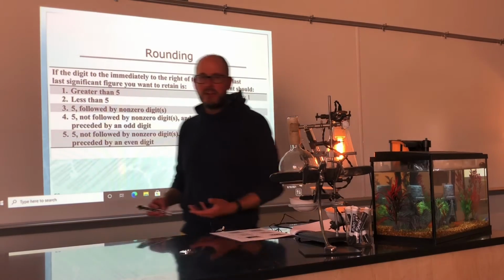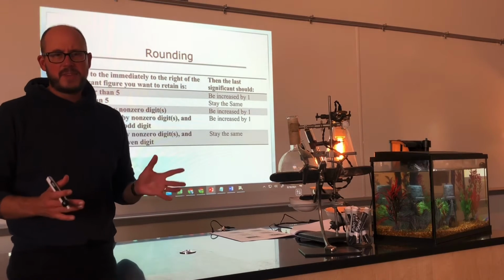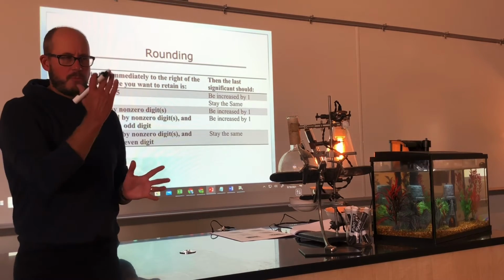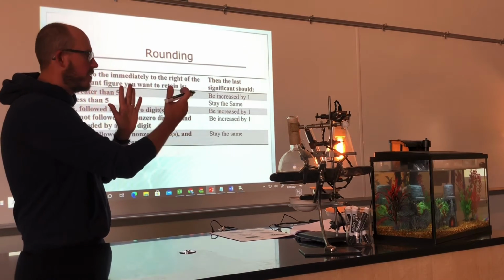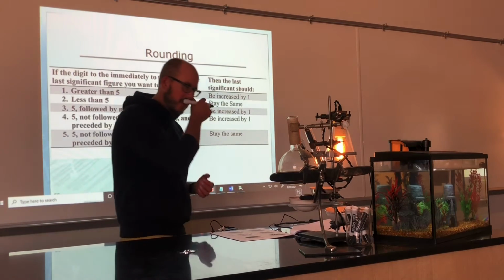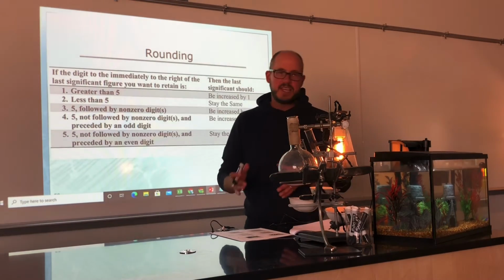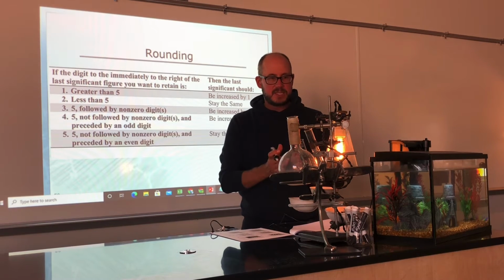Okay, so when we're rounding, we base things on sig figs. So we decide how many sig figs we want or need, and we start at the first significant figure and we count over until we get through all of them, and then you look at the digit that's after the last digit. If whatever number's after the last digit is less than 5, keep that last digit the same.